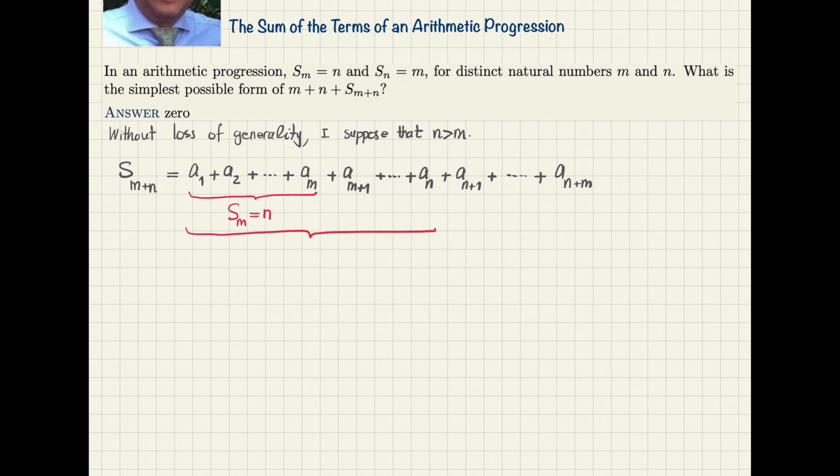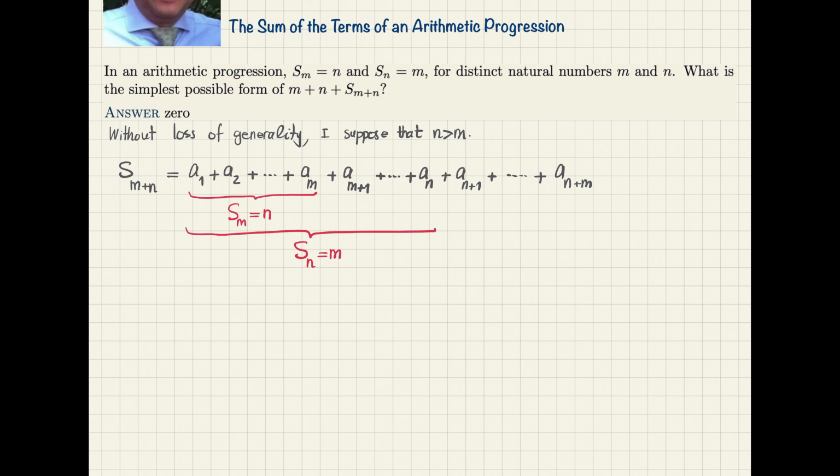Yes? And then something becomes clear, because you are adding more terms and you are getting m, and I am assuming m is smaller than n, so definitely it is clear that the common difference here should be negative. Okay? Now, these are the things that I am just thinking loudly.